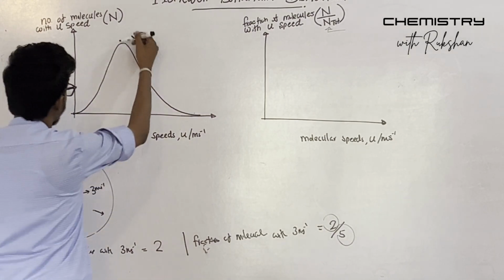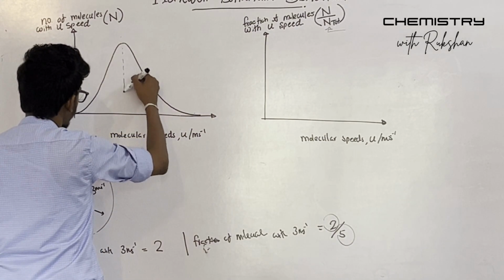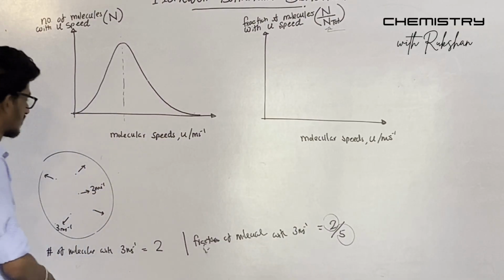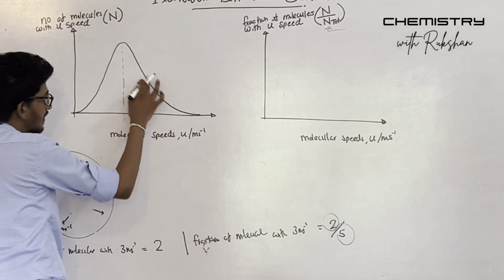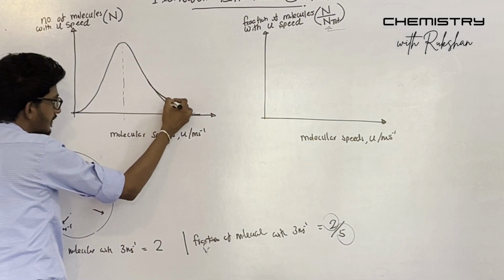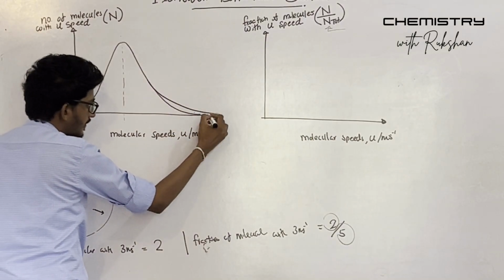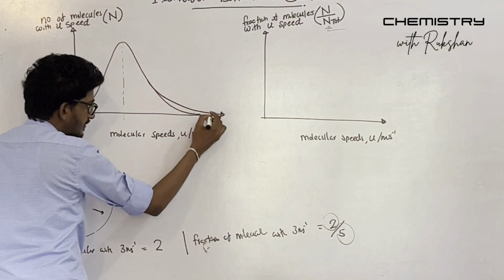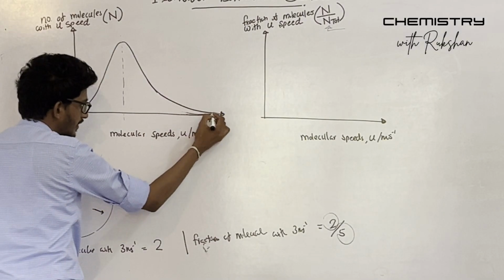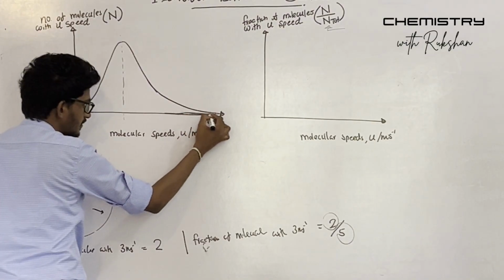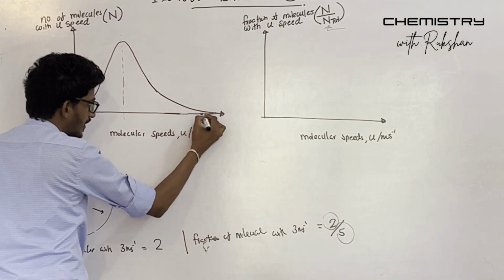Right tail means it is not symmetric. Here the area is a bit more than the left hand side. So this is what these curves look like, with some right tails.